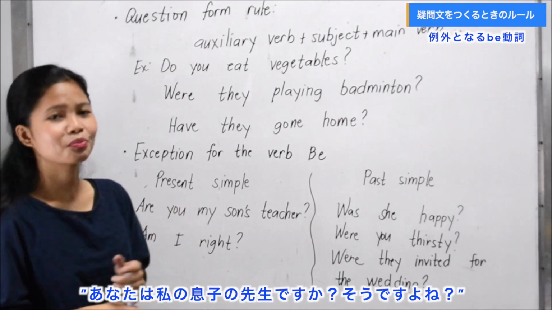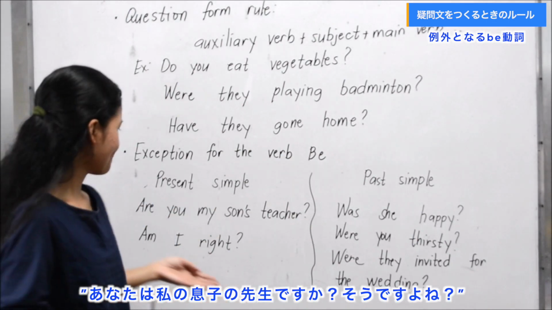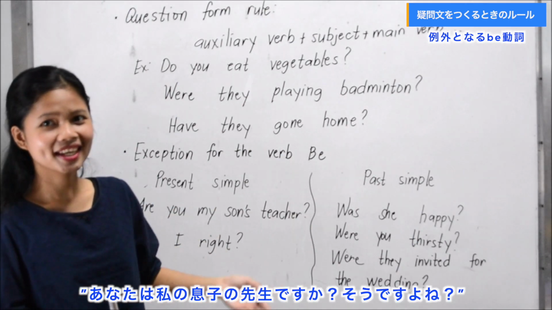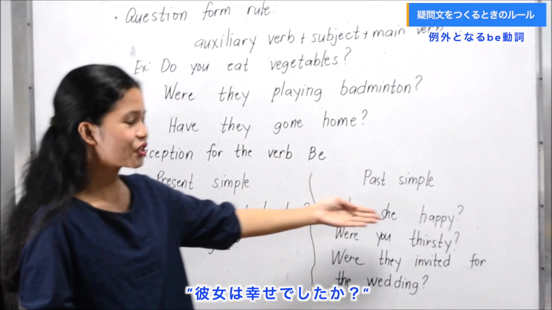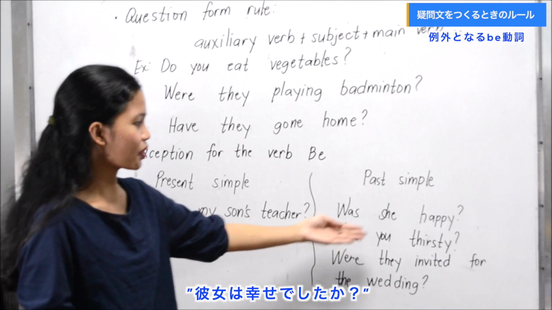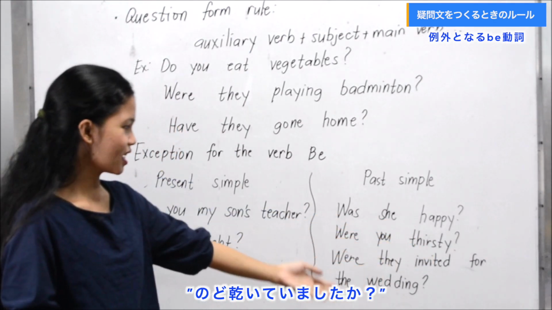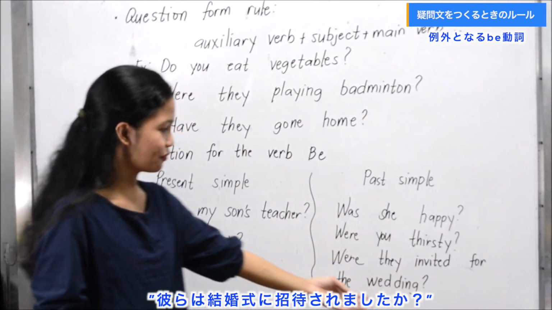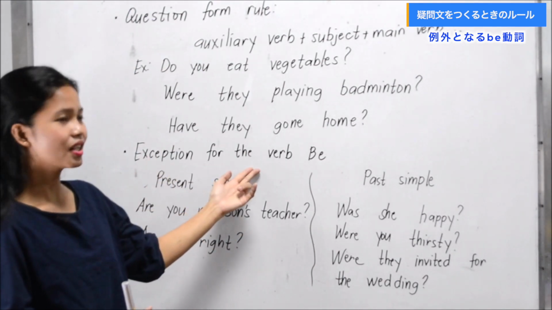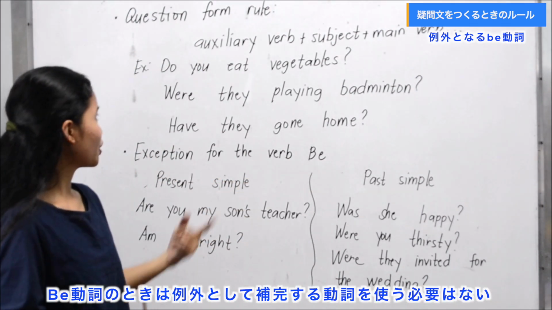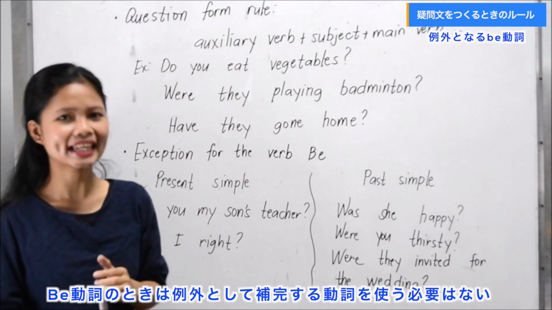Are you my son's teacher? Am I right? Next, the past simple. Was she happy? Were you thirsty? Were they invited for the wedding? Always remember for the exception, for the be verbs, you don't have to use the auxiliary verbs.